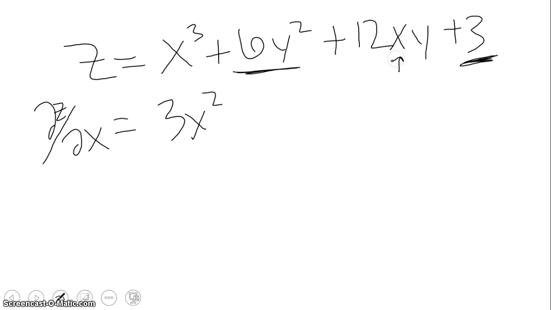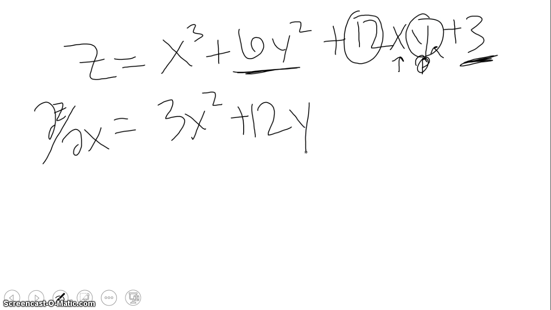But here's an x. If there was no y here, let's just get rid of this y for a second and act like it isn't there. If it was just 12x, the answer here would be 12. But there's a y. Now 12 is a constant, and y is a constant. So the derivative here is 12y, since these both act as constants.